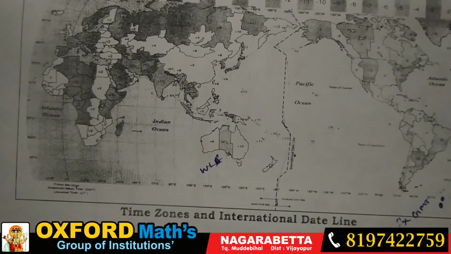Like this, 24 hour zones are there, and these 24 hours we divide into two parts, 12 hours of day and 12 hours of night. Among 24 hours, 12 hours will be day and 12 hours will be night. Like this we calculate time by the rotation and revolution of the earth.